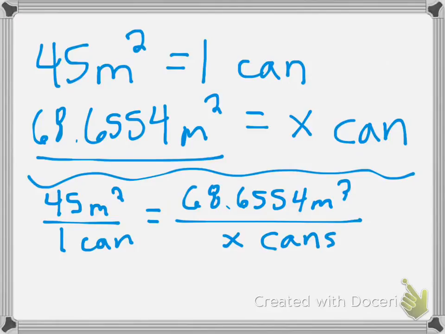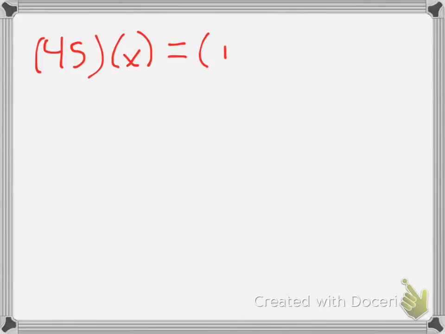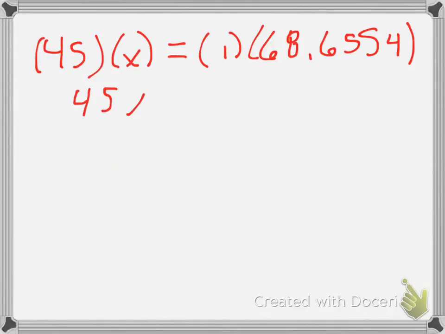So cross multiplying, 45 times X equals 1 times 68.6554. So 45x equals 68.6554.